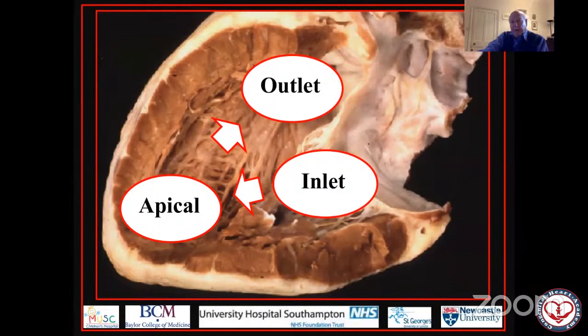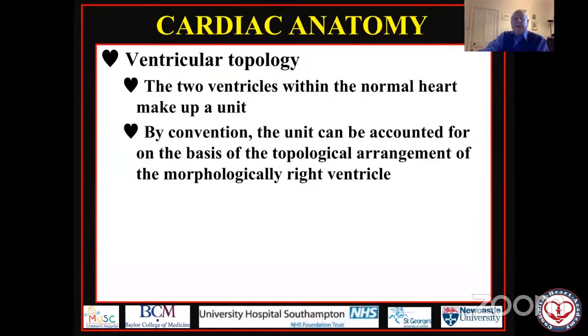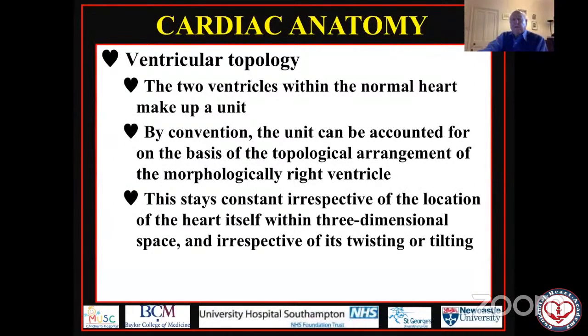So when we have a left-handed left ventricle, it goes along with a right-handed right ventricle. And so we base topology on the arrangement of the morphologically right ventricle. It then follows that within the normal heart, the two ventricles together make up a unit. So to emphasize again, we account for the topology of the overall heart by looking at the morphologically right ventricle.